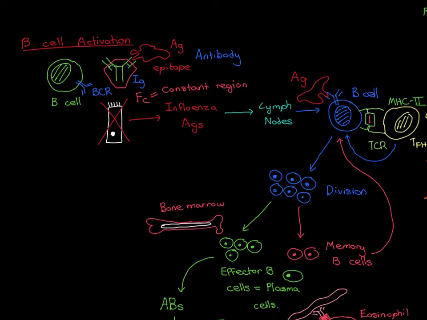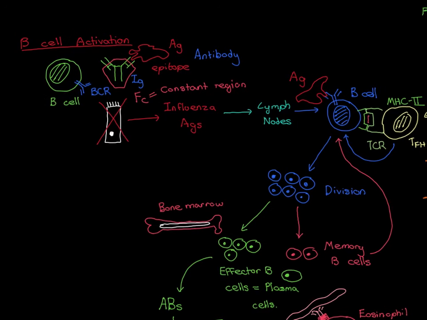So remember, in our body we have a huge number of different B cells that are directed against different epitopes of proteins, and we should only have B cells that are directed against epitopes of non-human proteins, i.e. we should not have any B cells that are directed against epitopes of self-proteins.